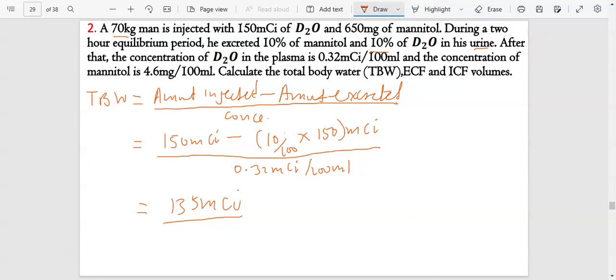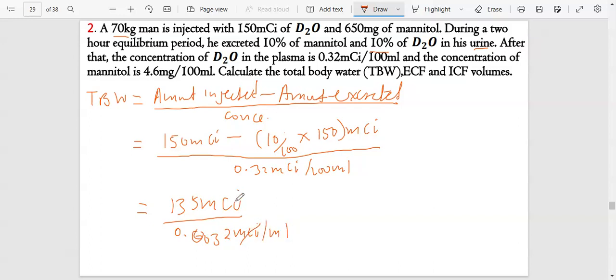So I'll say 0.32 divided by 100. That is going to give us 0.0032, which is in millicurie per milliliter.